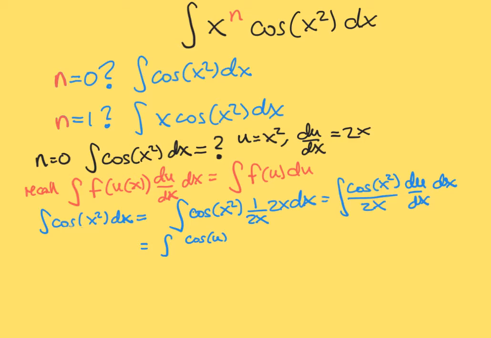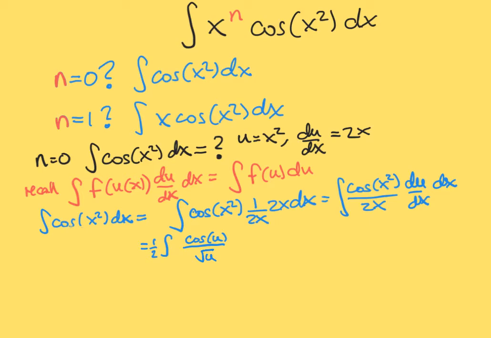On the bottom, we have 1 over 2x, so we can take the half outside. But we've still got a 1 over x, so we replace that x by u: because u is x squared here, x is the square root of u.